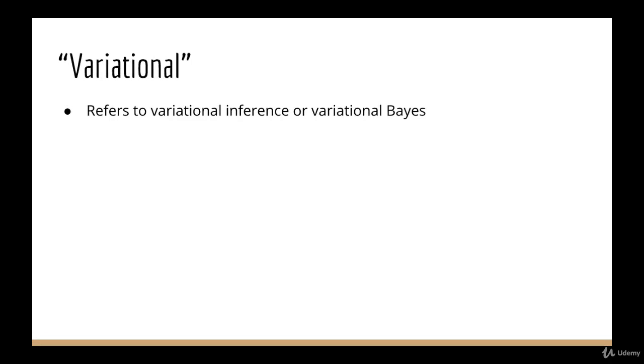The other term in variational autoencoder, which you probably haven't heard of, is variational. This refers to variational inference or variational Bayes. These techniques fall into the realm of Bayesian machine learning, which you'd have to have taken a difficult graduate course in machine learning to learn about.